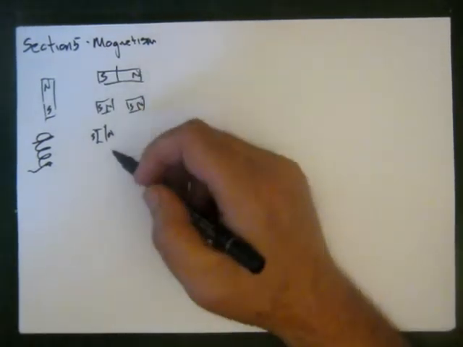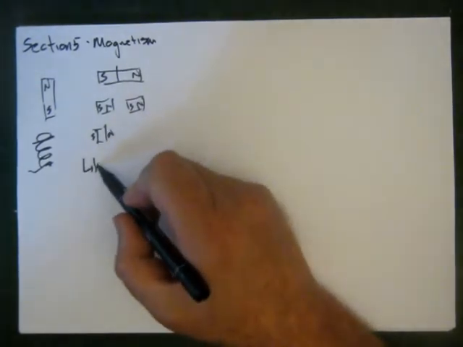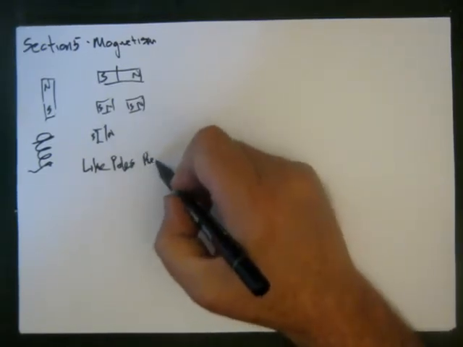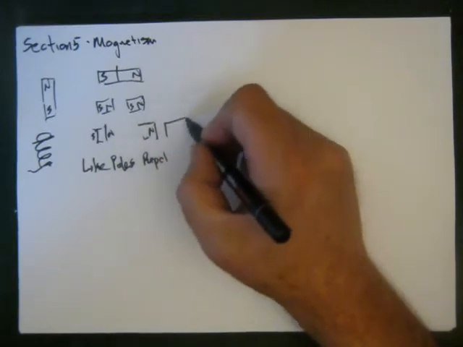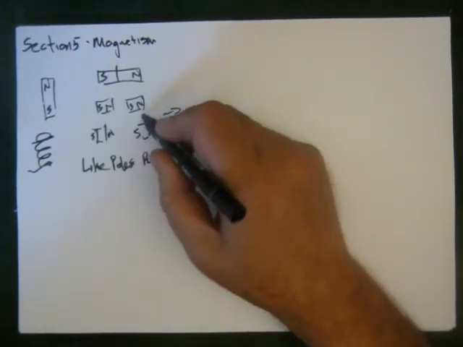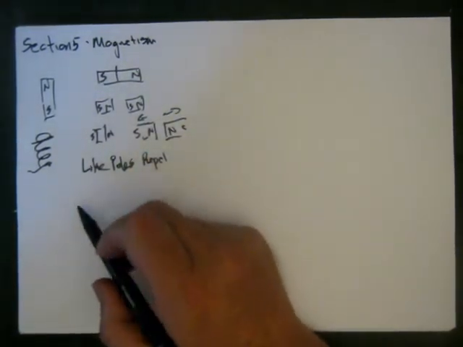And just like before, like poles repel. So if I have two magnets and I put the north poles together, then they will repel, they will push away. Unlike poles attract.